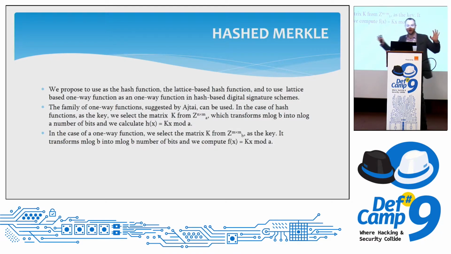This is our key, our matrix, yes, and x is our message, yes. So we multiply them, modulo q, of course, and in the case of the one-way function, we take the key from this space, and it will transform m log d into m log d bits. So this will be our one-way function, yes?